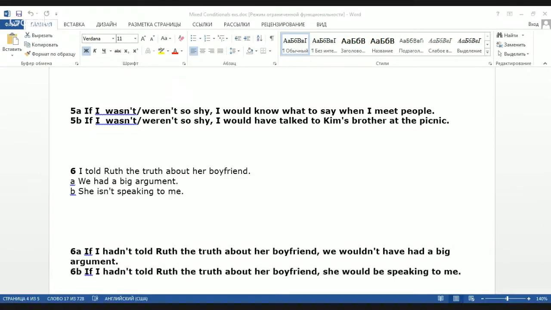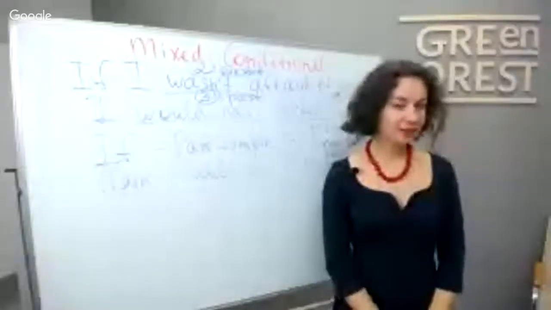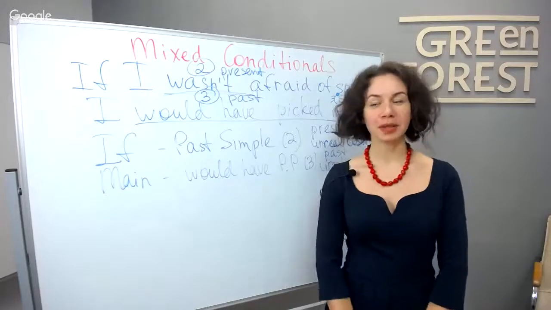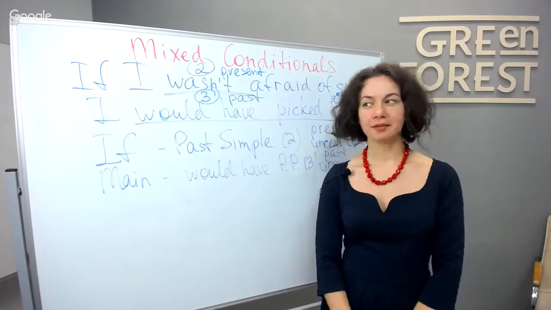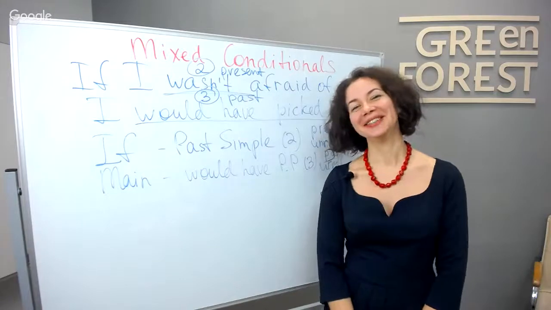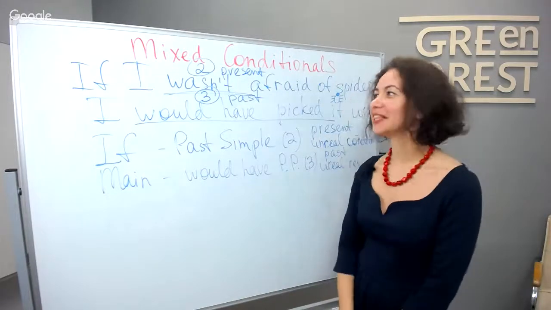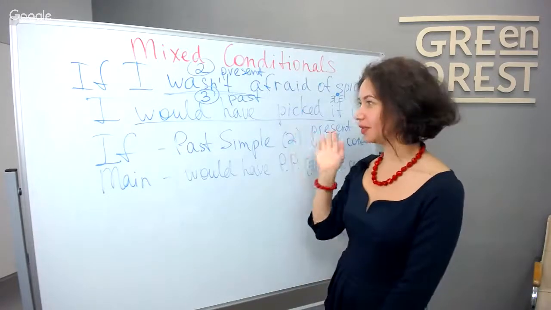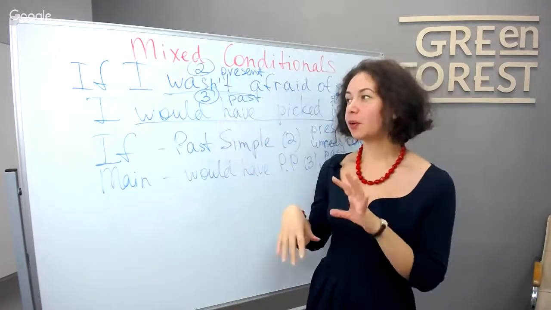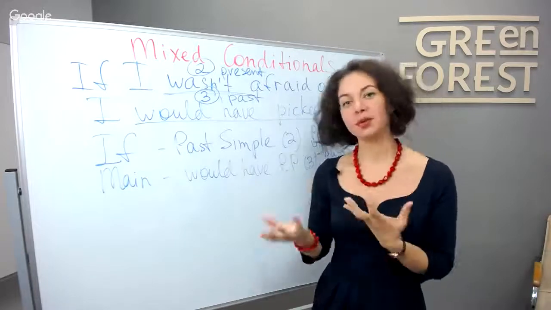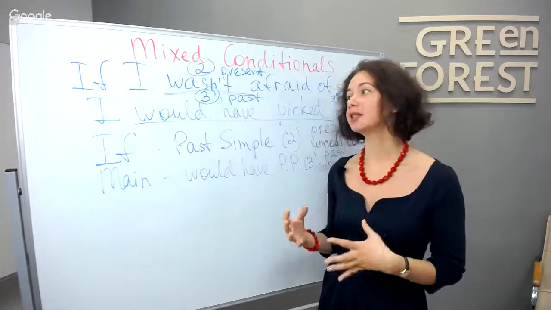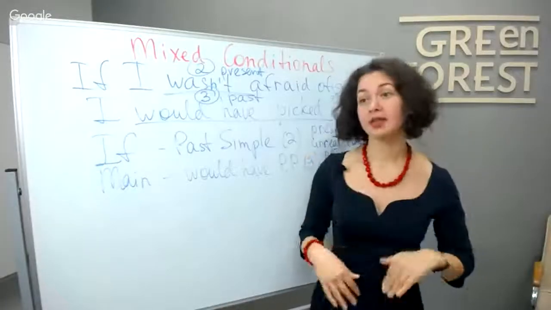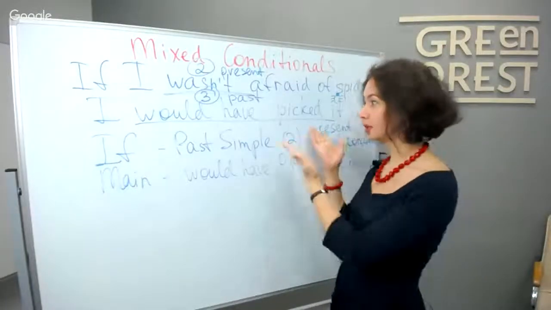So guys, today we have talked to you about two types of mixed conditional. One is 3 plus 2 and the second one is 2 plus 3. If our condition is in present situation, we use past simple to express it because it's unreal situation, and the result that we could have had in the past, we use third conditional.